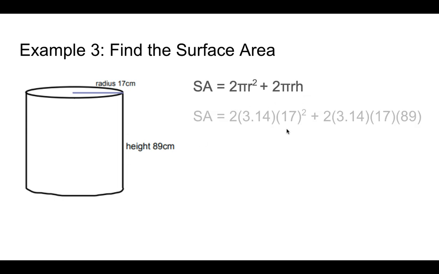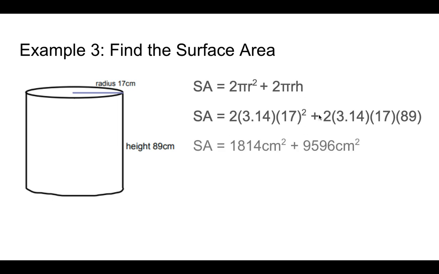So let's put in our numbers then. 3.14 for pi, 17 for r, don't forget that's squared, 3.14 for pi again, r is 17, and h is 89. So let's do each of these separately. So if I put these into my calculator, I get 1,814 centimeters squared, right?